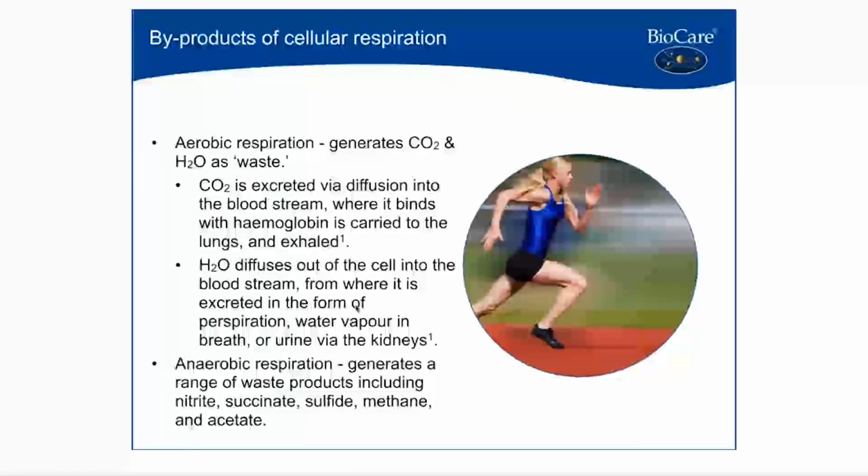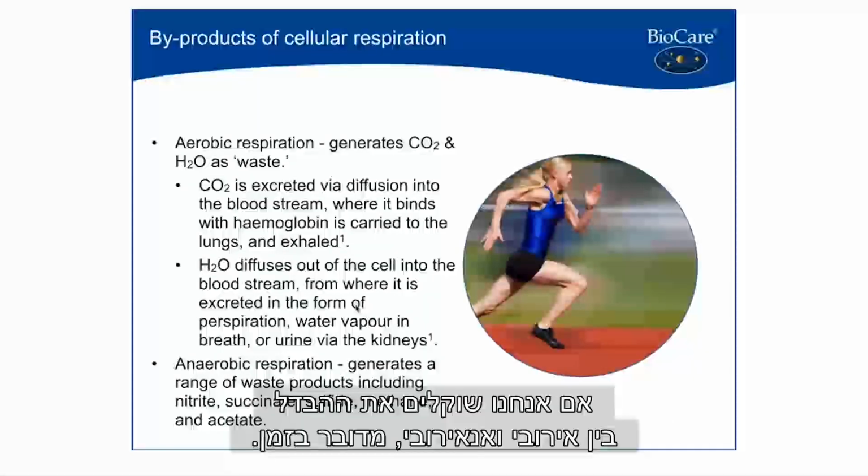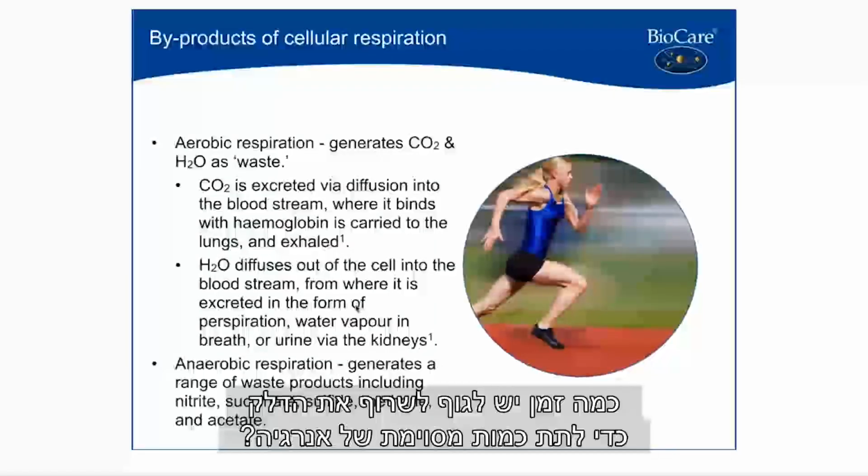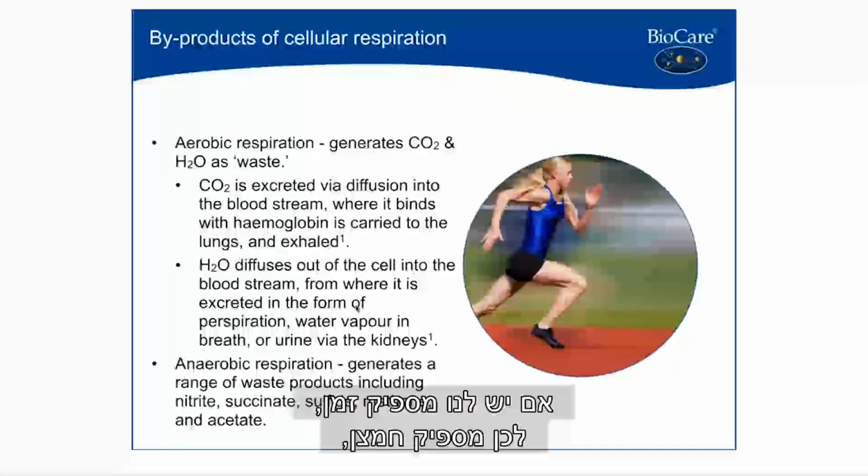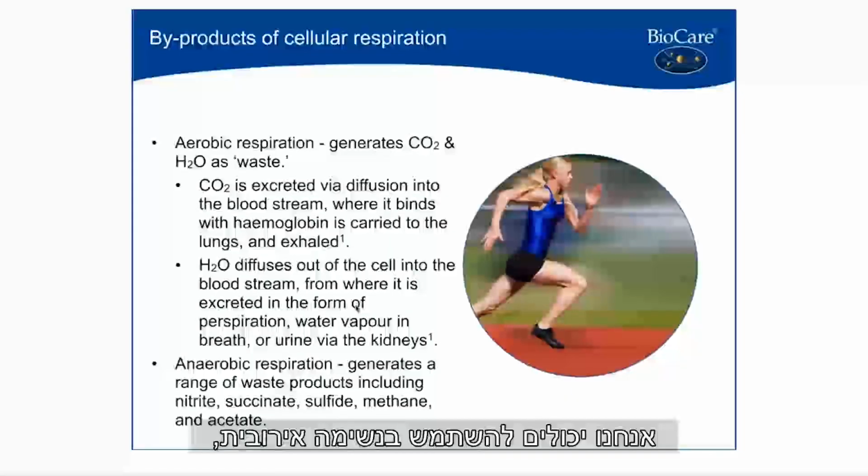So if we consider the difference between aerobic and anaerobic, it is time. How long does the body have to burn the fuel to give a certain quantity of energy? If we have enough time, and therefore enough oxygen, then we can use aerobic respiration.